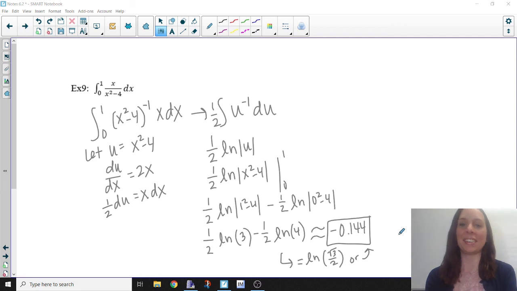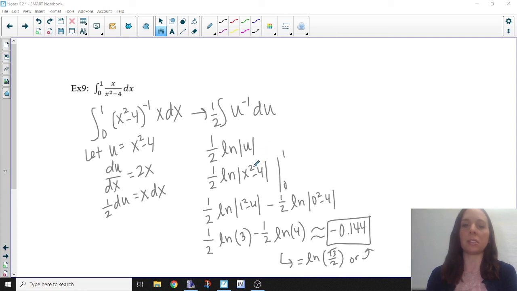Okay, here's the answer. It looks like a lot, I know, but that's just because it is a lot. Notice that I rewrote the denominator as x squared minus 4 to the -1 power, and that led me to my u equaling x squared minus 4. I did the derivative, I moved everything around to fit back in, and I ended up with an antiderivative of just 1/2 times the ln of the absolute value of u.